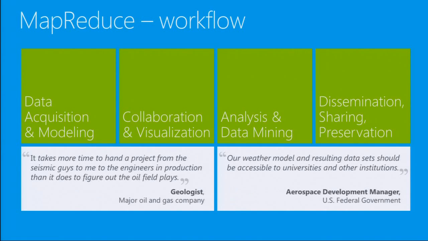Analysis and data mining, this is where the actual MapReduce operation comes in, and you're using the machines to analyze and data mine the actual data set. Dissemination, sharing, and preservation of the data is also very important. Being able to share the data with multiple researchers is an important aspect of scientific collaboration.